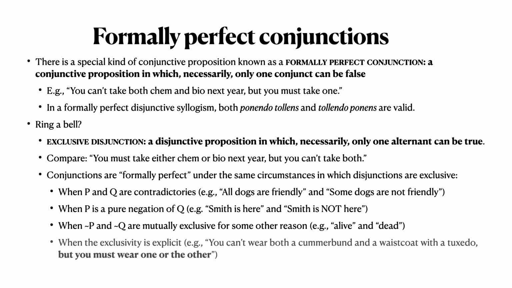And then finally, when the exclusivity is explicit, like you can't wear both a cummerbund and a waistcoat with a tuxedo, but you must wear one or the other. In that case, then we know that at least one of those things has to be worn. And for that, then, we will be able to use either tollendo ponens or ponendo tollens.